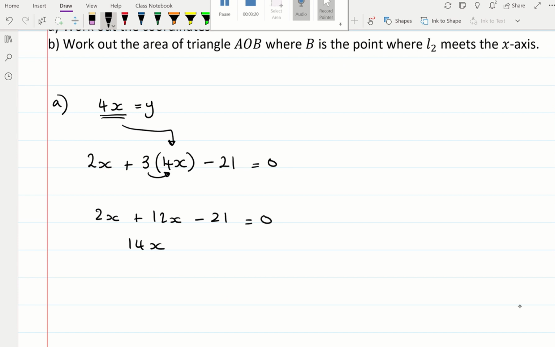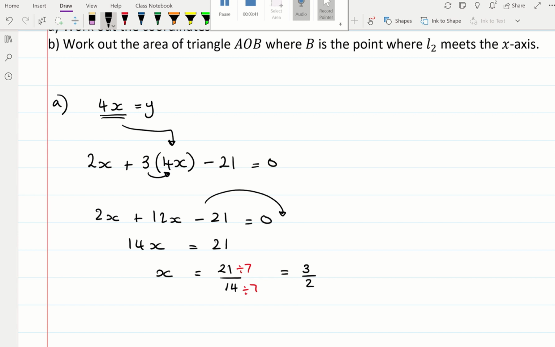14x, 2x plus 12x equals 21. I add 21. And then x is 21 over 14. If I divide both by 7, just put it in your calculator if it's easier, we've got 3 over 2, 1.5.